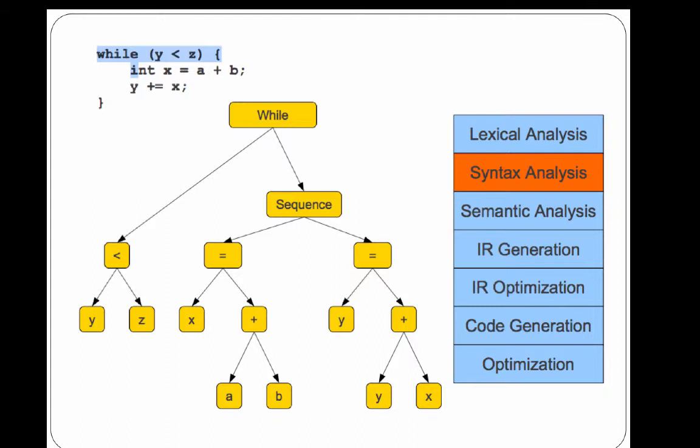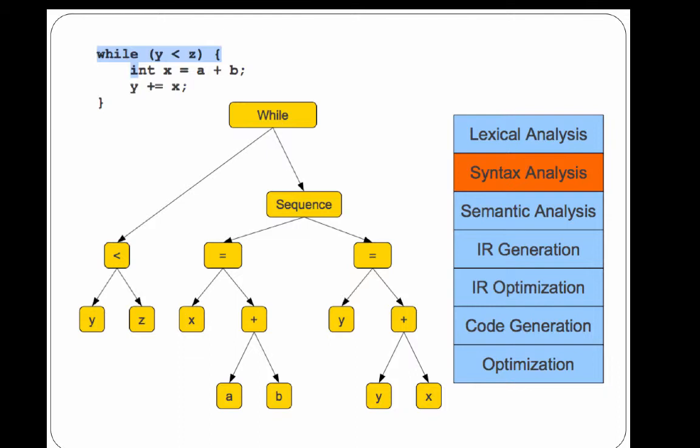Here's an example of the syntax tree we might construct during the syntactic analysis of this example. Notice that it shows the structure of the input. It's getting us back to what you and I saw when we looked at the input on the screen at the beginning.